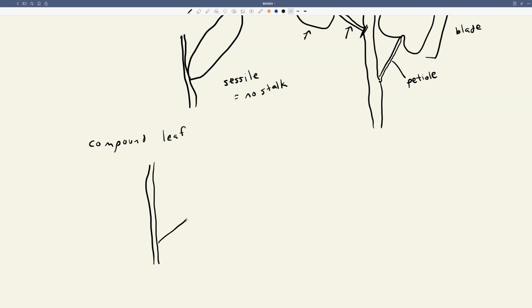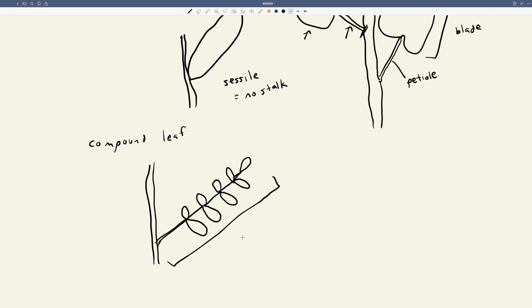Second guessing my leaf structure as I draw it. I'll thicken it up a little bit there. Okay, so it's possible for a leaf to have a form like this. And the whole thing is a leaf.